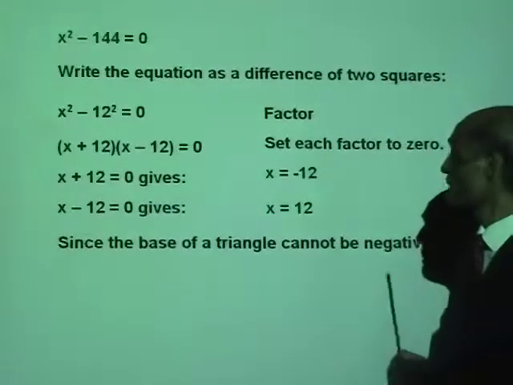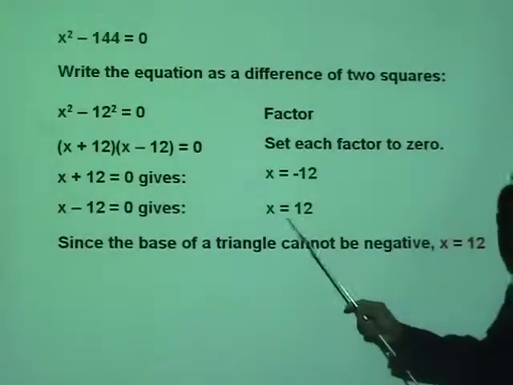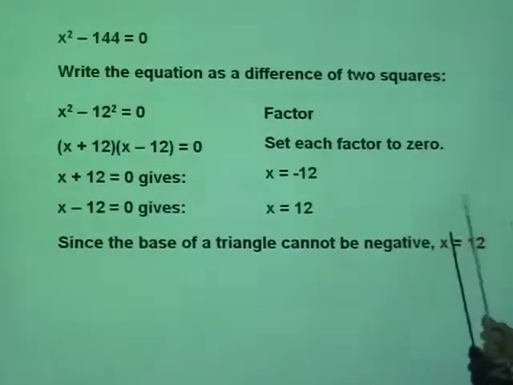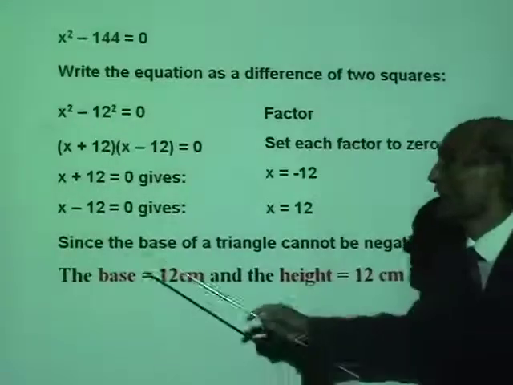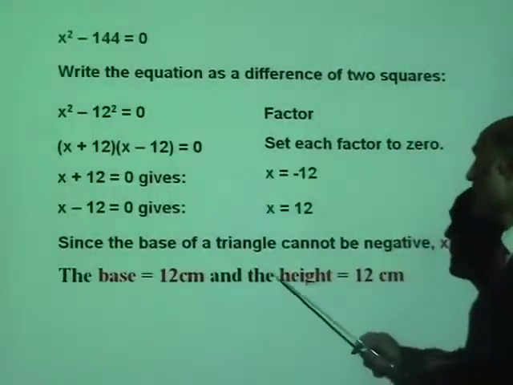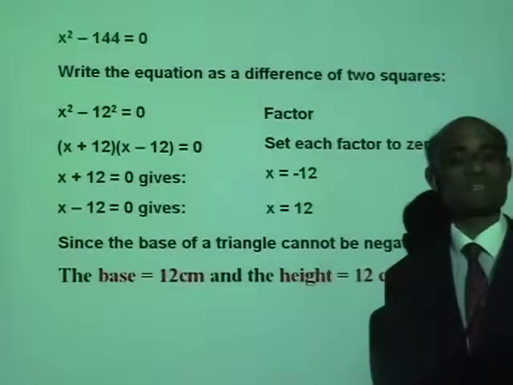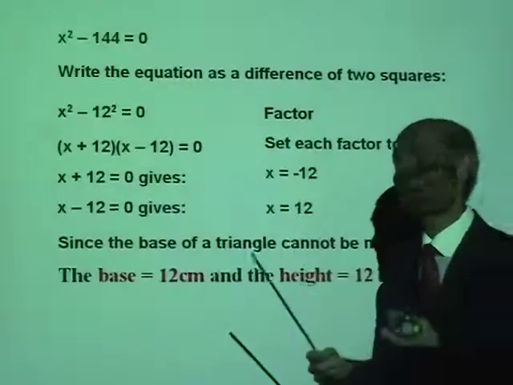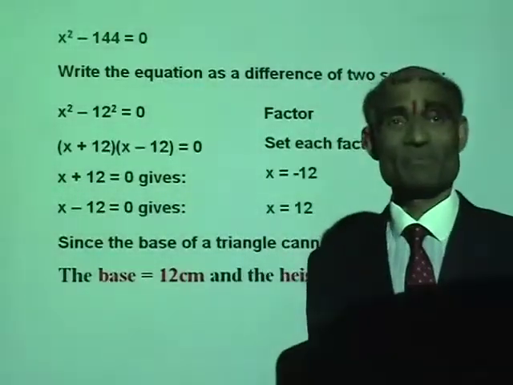Since the base of a triangle cannot be negative, our answer here is x equal to 12. And therefore, what is our answer? The base of the triangle is 12 centimeters, and the height of the triangle also is 12 centimeters, because we are told that the base and the height are both equal.